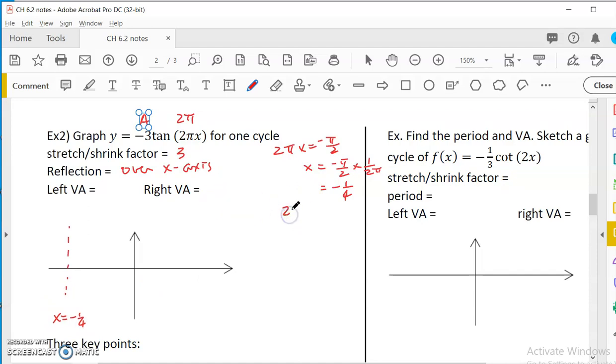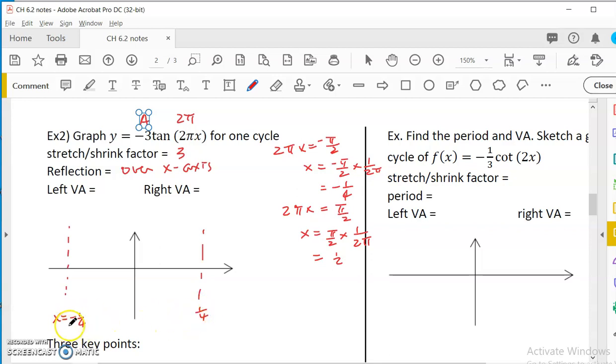And then the right VA would be 2 pi x, whatever is inside, equal to the old VA, pi over 2. So dividing by 2 pi, x would be pi over 2 times 1 over 2 pi. So it's 1/4. This should be symmetrical.